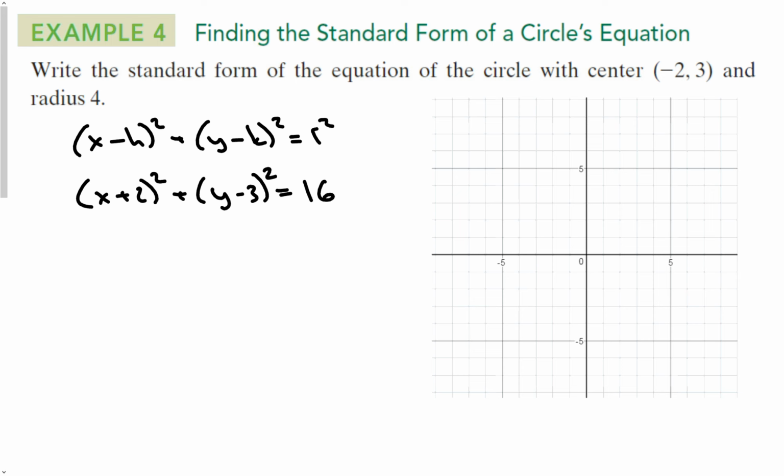Notice here that the signs of the 2 numbers in the center do change in this formula, because the formula has minuses in it and not a plus. So again, start with the center, which is (-2, 3), and then use the radius to graph the circle.